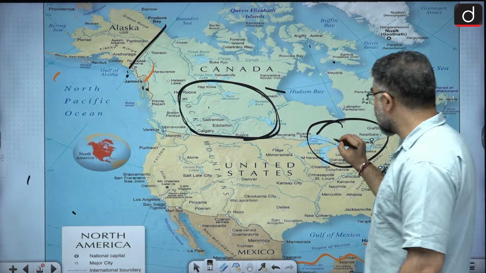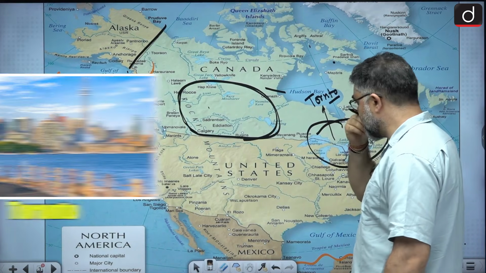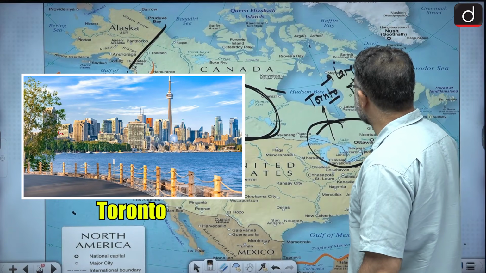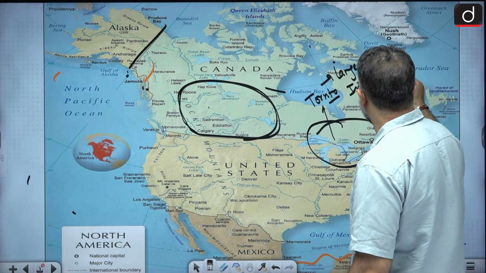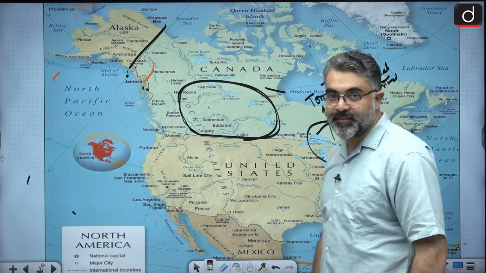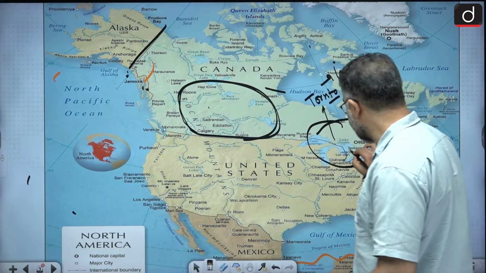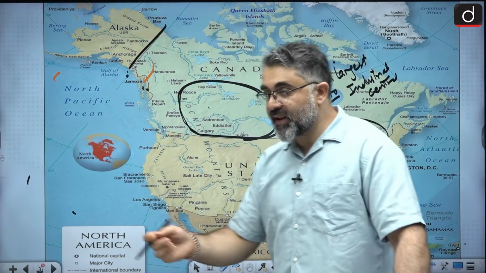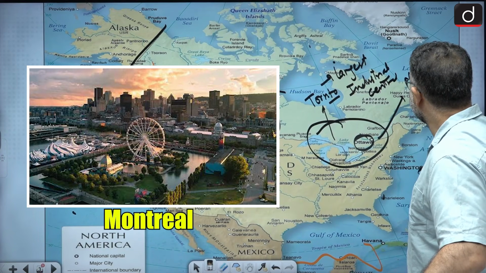So in your atlas, you can mark Toronto, and you can consider Toronto as one of the largest industrial centers. Next to that is Ottawa. Ottawa is the capital city of Canada. But then next to that city comes Montreal.